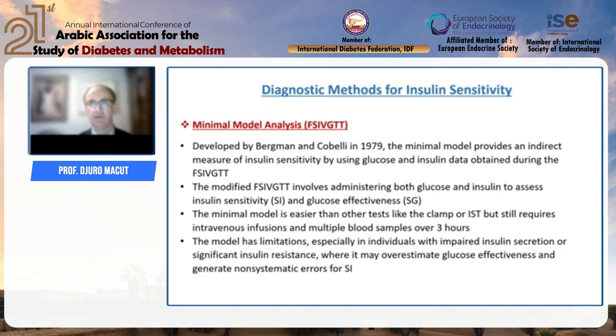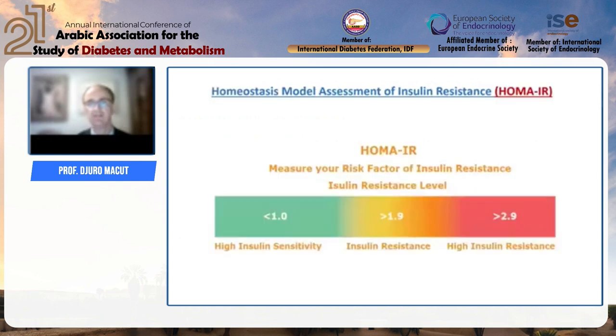This is a useful test for the assessment of insulin sensitivity and glucose effectiveness over a few hours, but it has limitations, especially in individuals with impaired insulin secretion or significant insulin resistance, where it may overestimate glucose effectiveness and generate systematic errors in the assessment of insulin sensitivity.